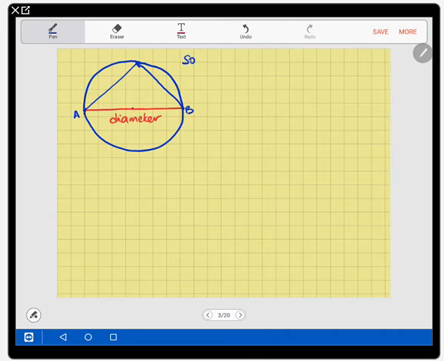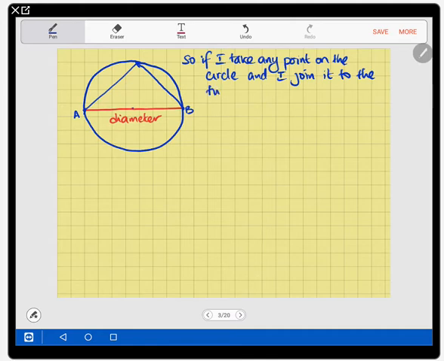So if I take any point on the circle and I join it to the 2 ends of the diameter, these 2 ends are A and B, right?